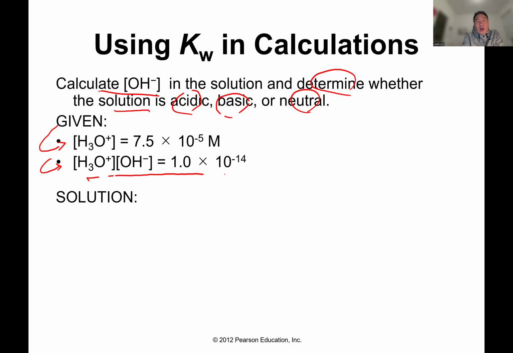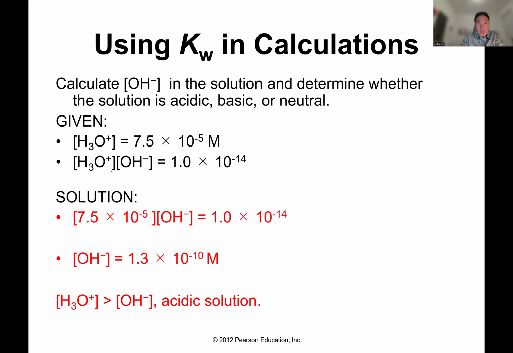You have to memorize this defined relationship. Let's insert the concentration of hydronium here. When you solve, you get a hydroxide concentration of 1.3 times 10 to the negative 10th molarity. So the concentration of hydronium is greater than the concentration of hydroxide. So that's an acidic solution.